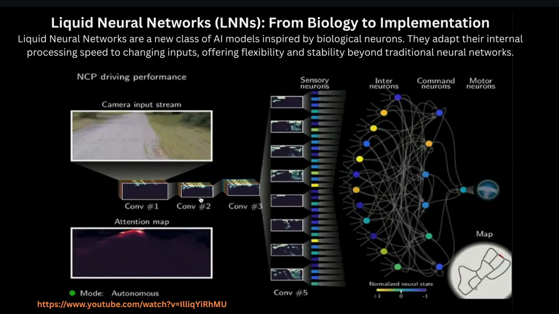They use differential equations to describe how a neuron's state changes over time based on both the input and its current state. So this allows the network to behave more like a dynamic system.